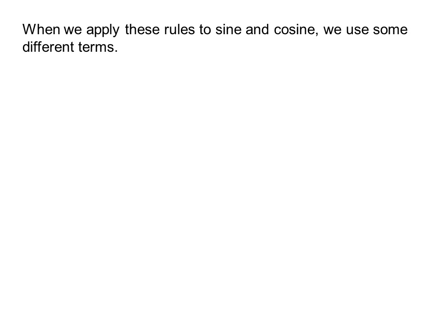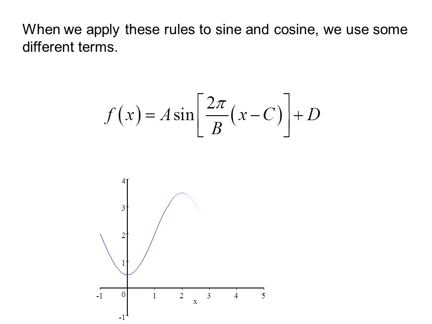When we apply these rules to sine and cosine, we use some different terms. We'll write f of x equals a sine the quantity 2 pi over b times the quantity x minus c with a plus d added at the end. And I've drawn this graph to illustrate what we mean.